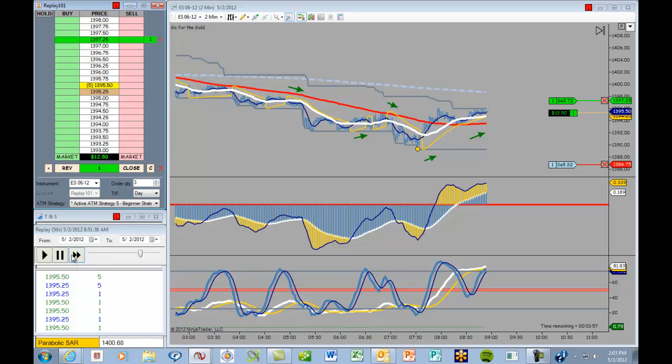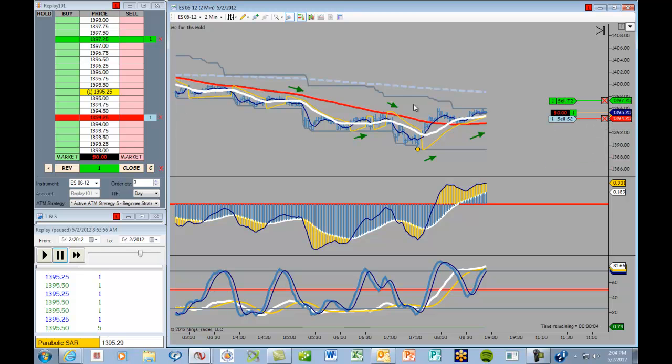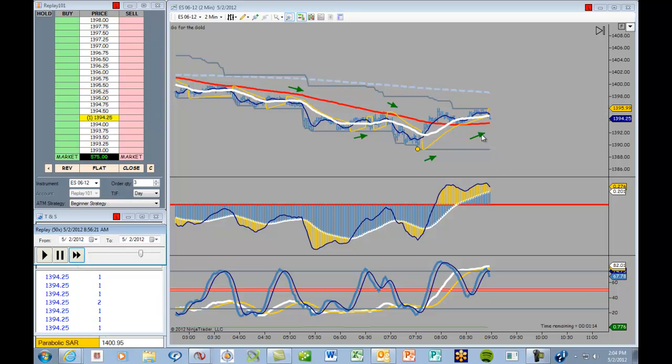Okay, we hit the first target, but didn't move the stop. So let me pause that real quick, and we will put the stop in its position. And sure enough, we are stopped out.